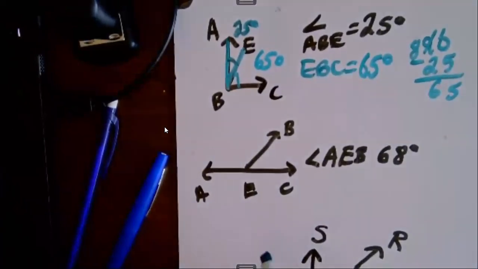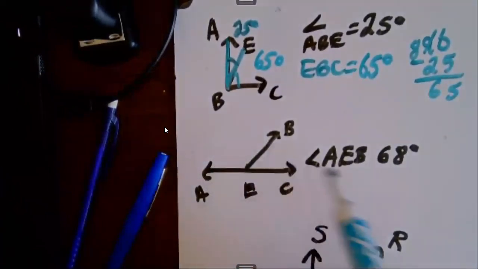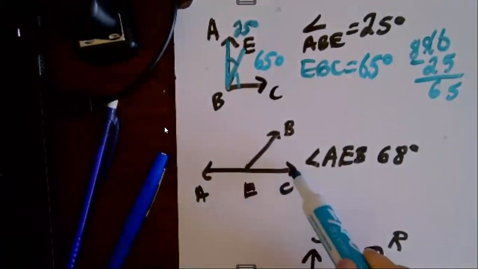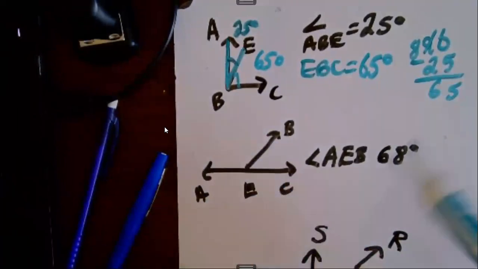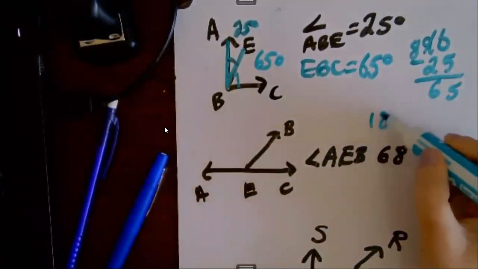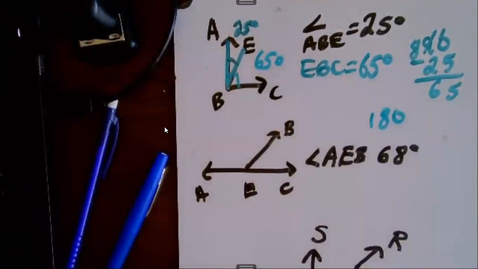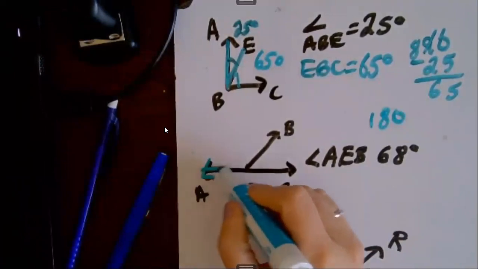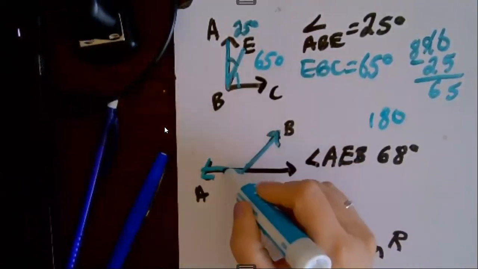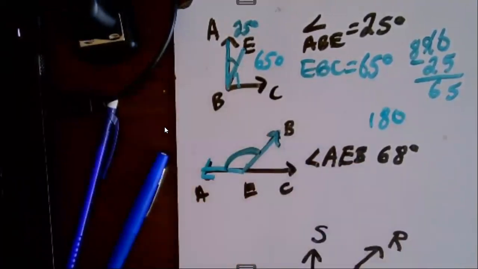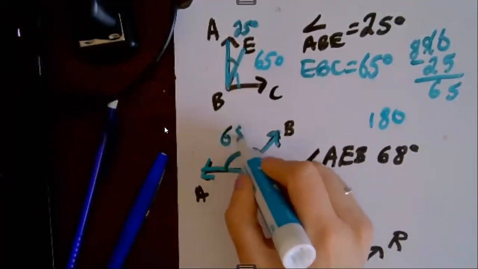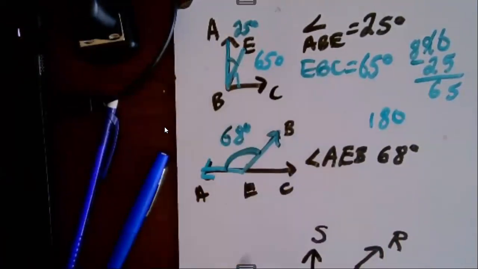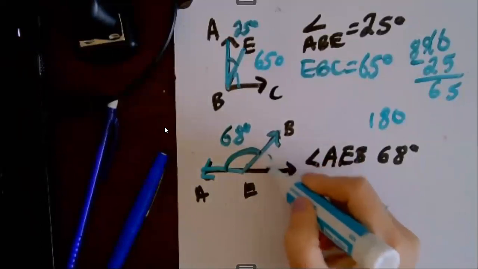So if you remember from our other lesson, this is a line, a straight line. A straight line is 180 degrees, so keep that in your mind. Angle AEB, that's this one. So they're talking about this right here is 68 degrees. And they want us to find the rest of this piece right here.